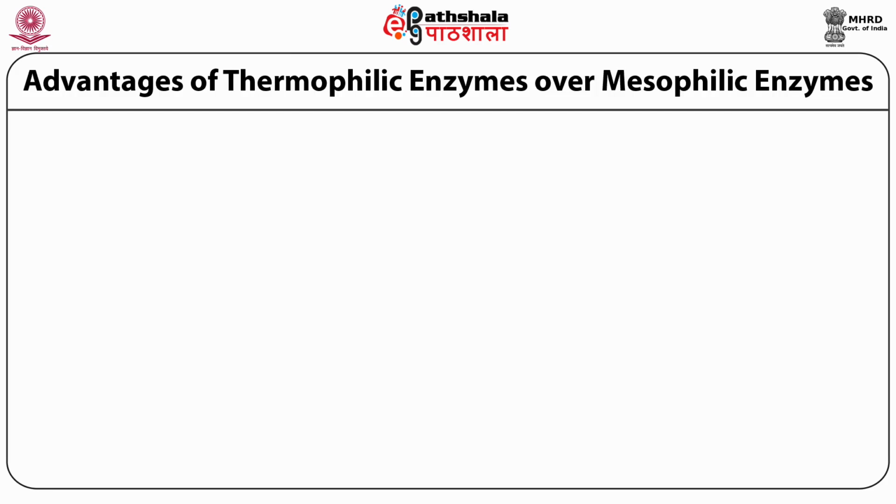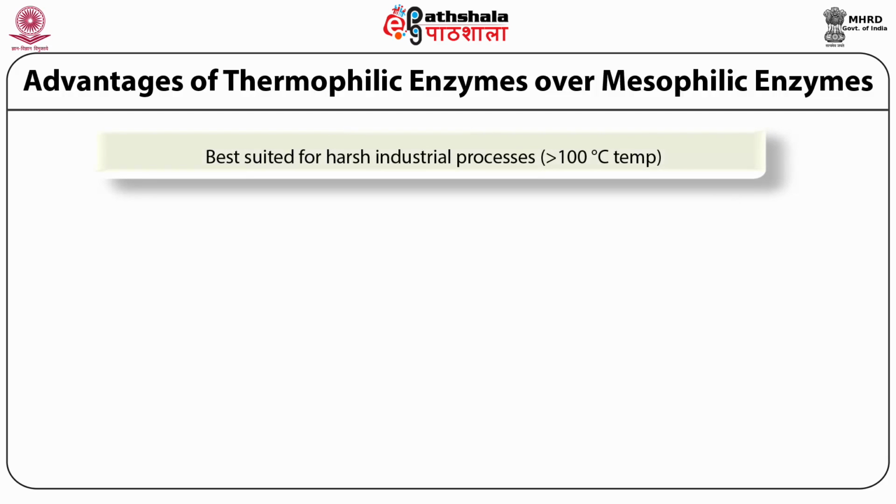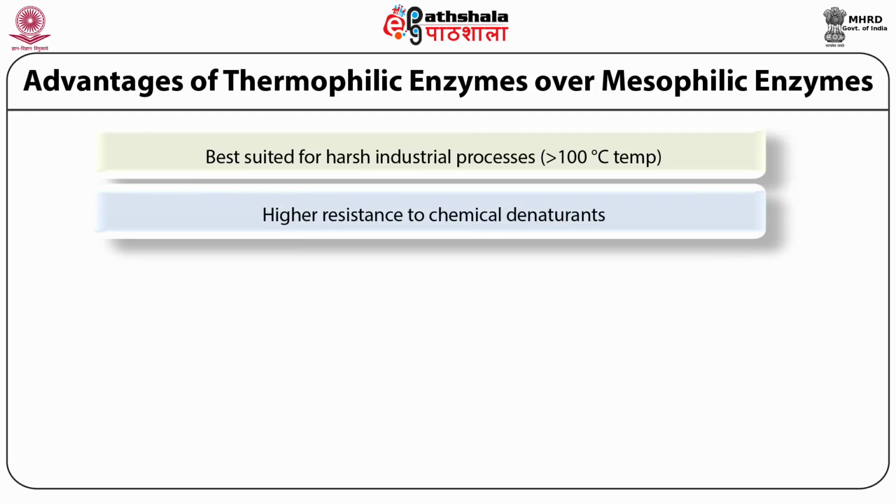So, let us look at the advantages which these thermophilic enzymes provide over mesophilic enzymes. These thermophilic enzymes are best suited for harsh industrial processes, because many of these processes are carried out at temperatures above 100 degrees Celsius. And these thermophilic enzymes can withstand such a higher temperature, and they can show their activity at these temperatures.